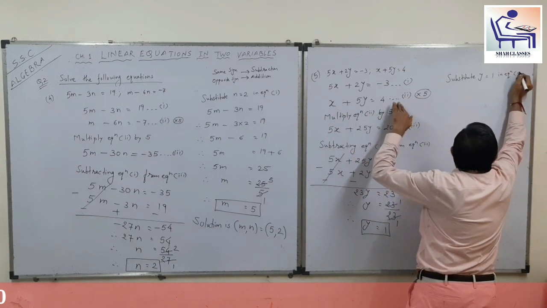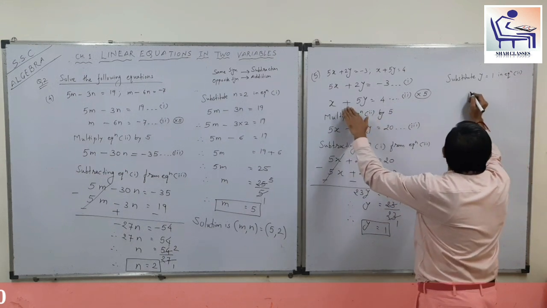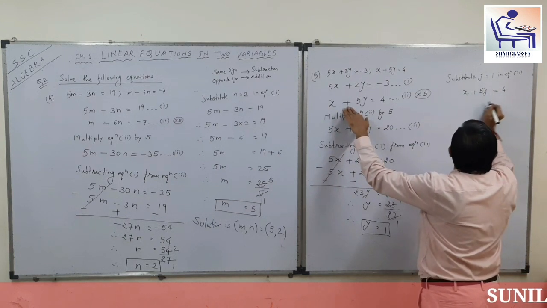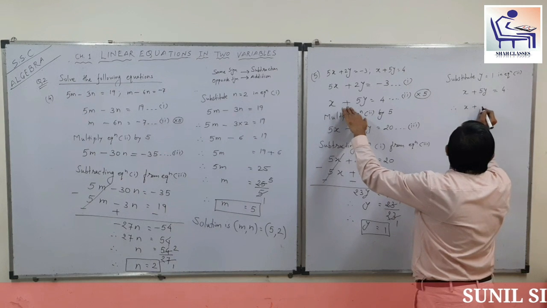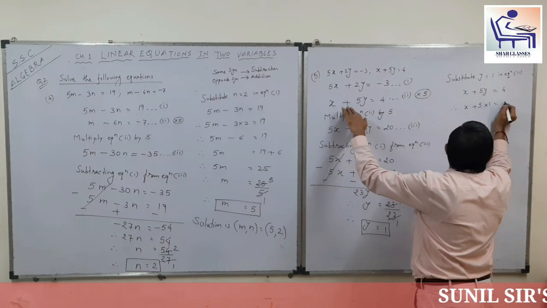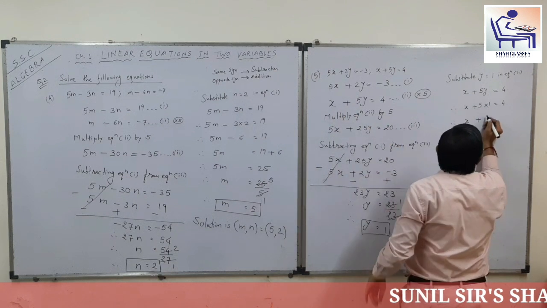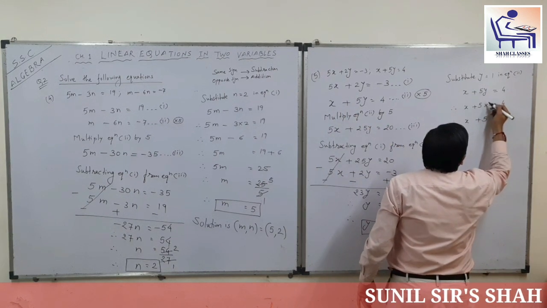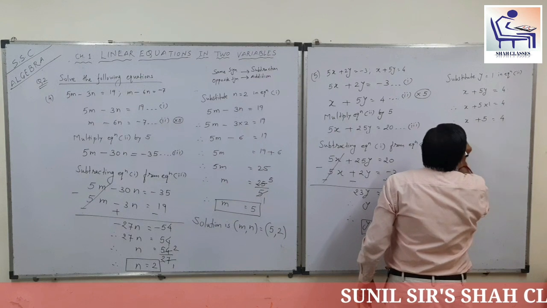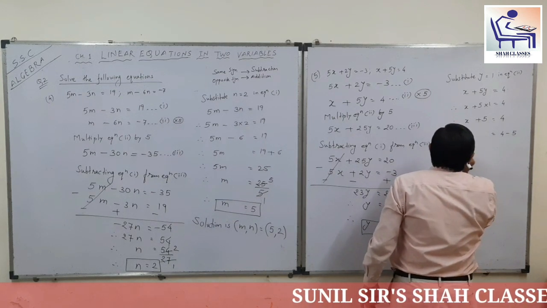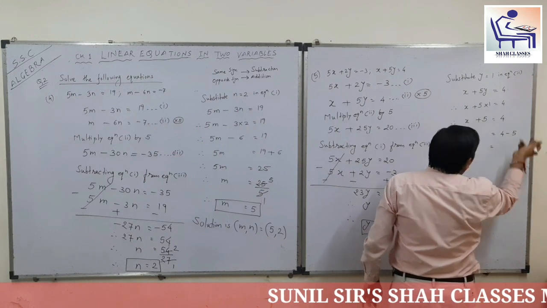It seems easier. So x plus 5y is equal to 4. So x plus 5 into 1 is equal to 4. X plus 5 ones are 5, as the value of y is 1. And now when it goes on the other side, x is equal to 4 minus 5.